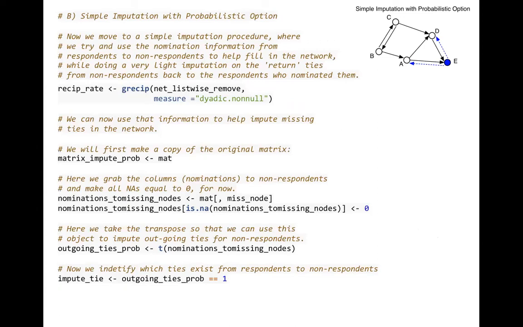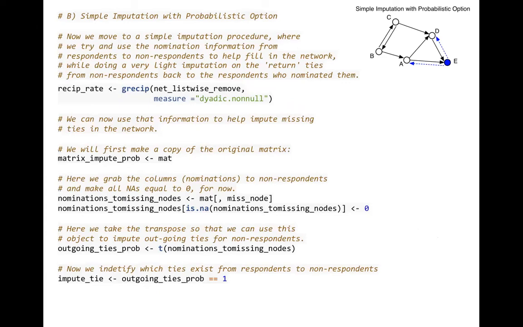Here we're moving to the case of simple imputation. So this is the case where we're going to keep, for the most part, the non-respondents in the network as long as anyone nominated them, and then do a light imputation of, in quotes, the return ties.